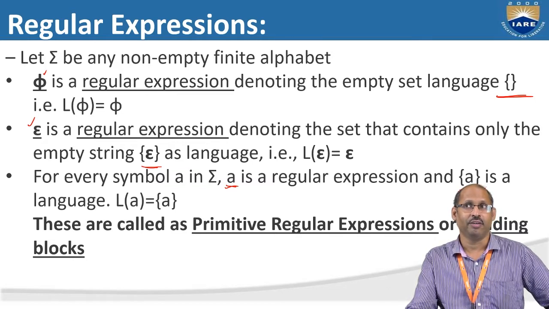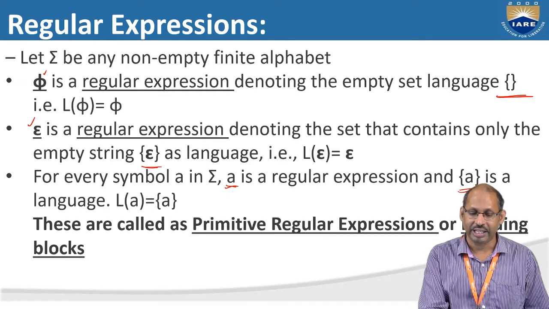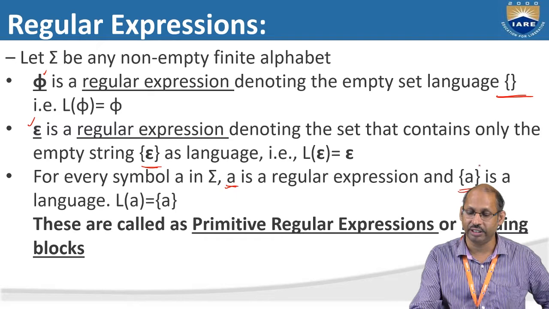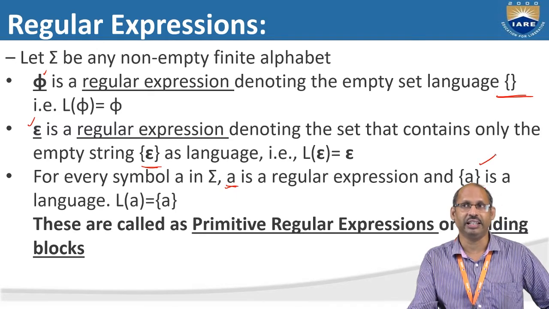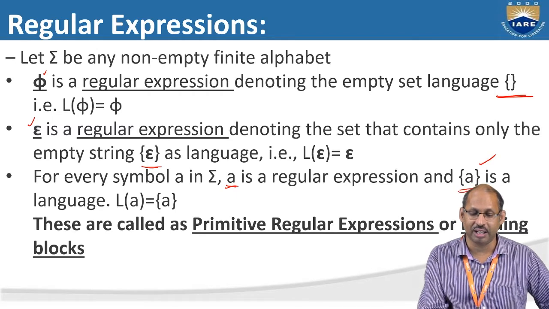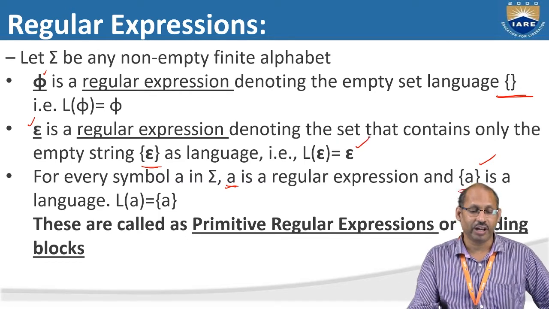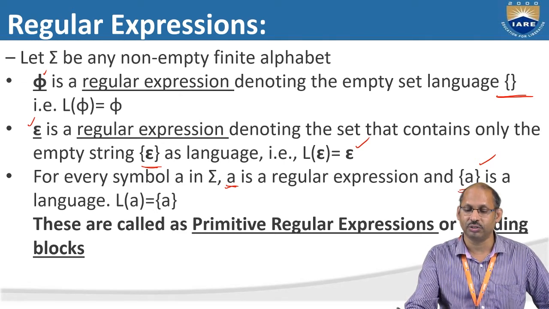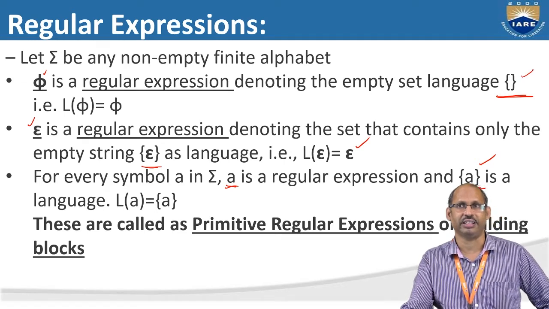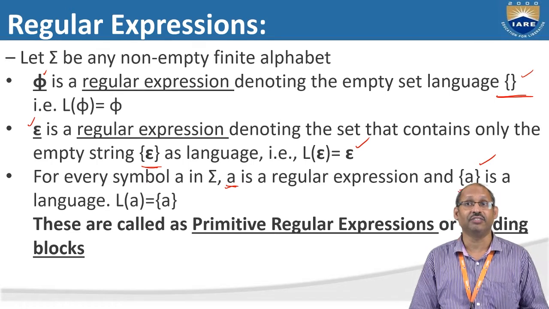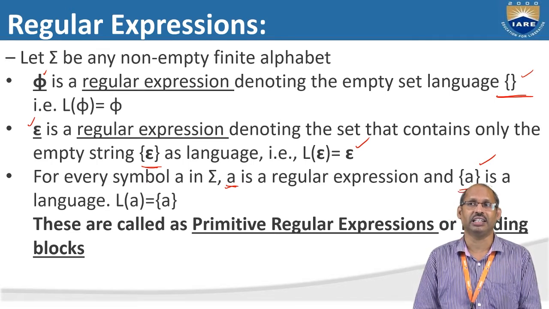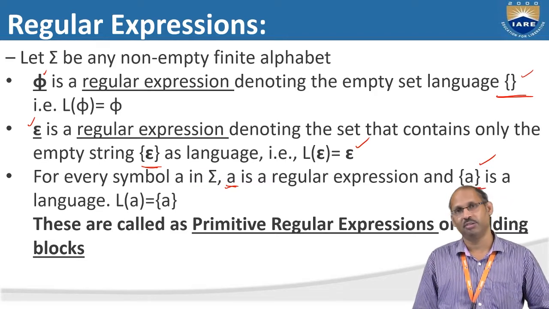One is for the empty set, another for the empty string, another for a set containing symbol A. A is a regular expression for the language containing A, epsilon is a regular expression for the empty string, and phi is a regular expression to represent the empty set.